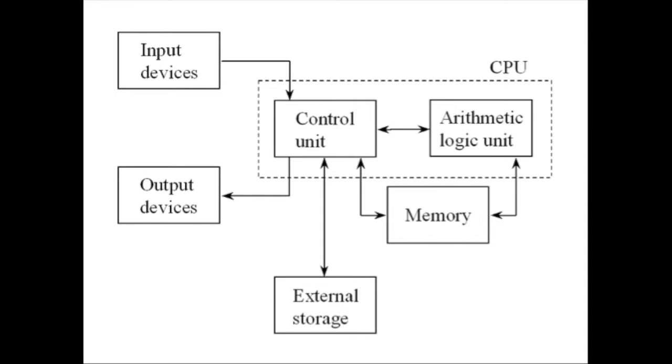The main part of the computer in terms of actually processing is in what's called the Central Processing Unit, or CPU. It typically consists of a control unit, which determines what's going to be executed, and then the arithmetic logic unit, which does calculation.